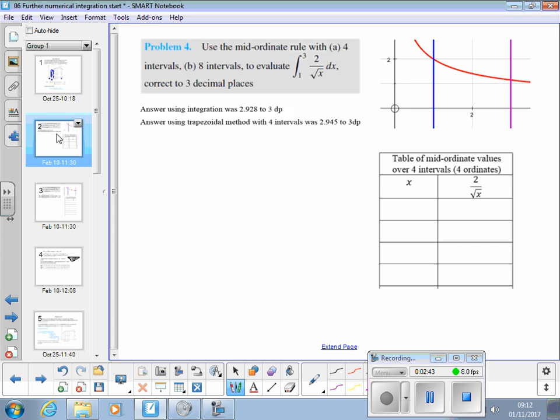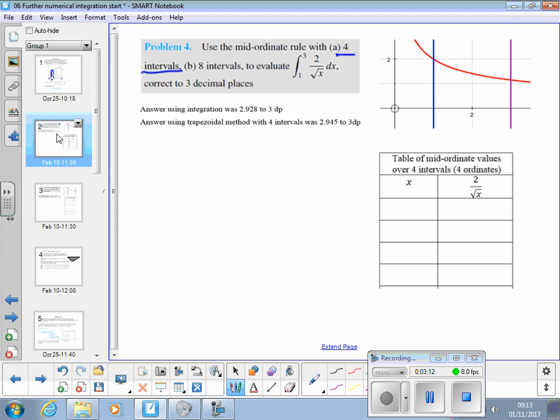Using the trapezoidal method with 4 intervals was 2.945 to 3 decimal places. So we've got that there for comparison. We're going to use the mid-ordinate rule with 4 intervals first to evaluate 2 over root x dx between 1 and 3.